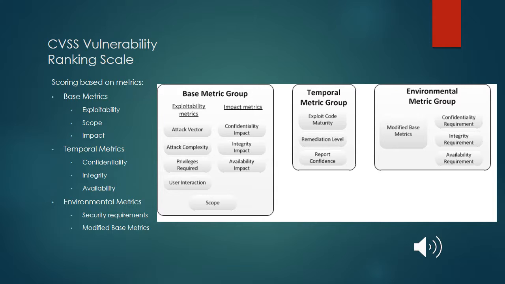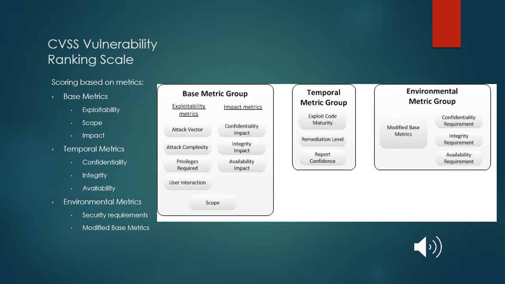The base group represents intrinsic qualities of each vulnerability. The temporal group reflects the characteristics of a vulnerability that change over time. And the environmental group represents the characteristics of a vulnerability that are unique to a user's environment.